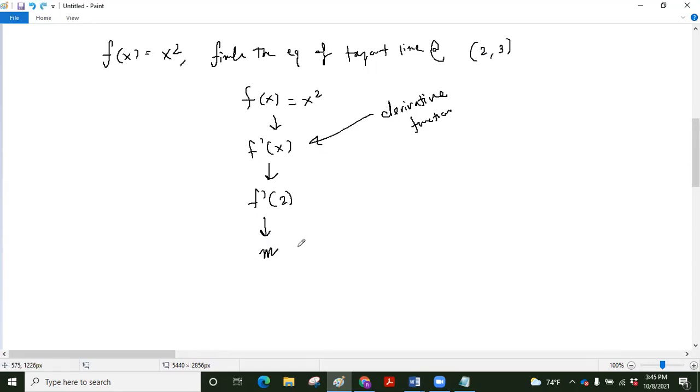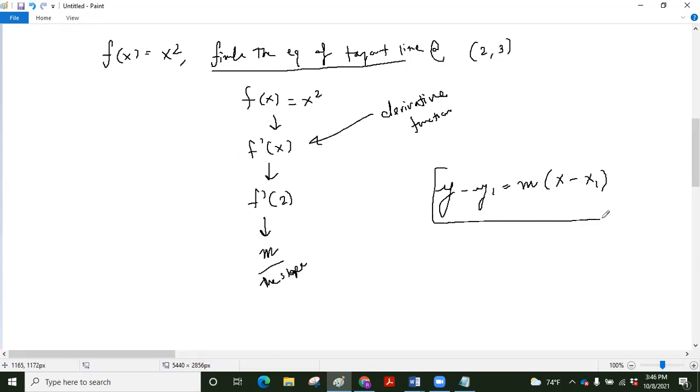And once we have that, we have m. Now, what is m? M is the slope. This function gives us the slope at any given value of x. And the reason we want the slope is that to find the equation of the tangent line, we have to use this formula, y minus y1 equals m times x minus x1.